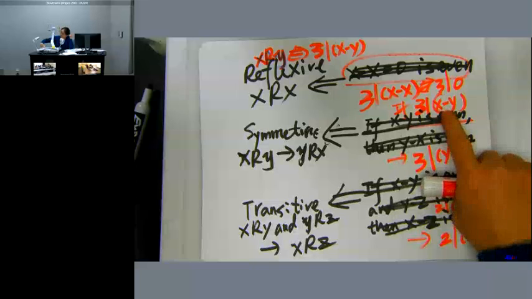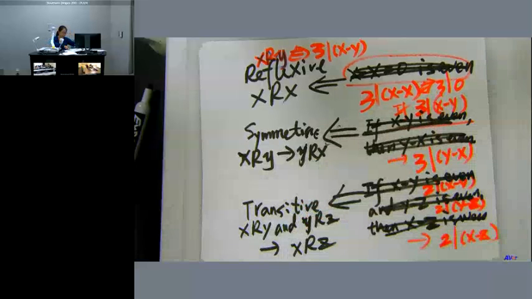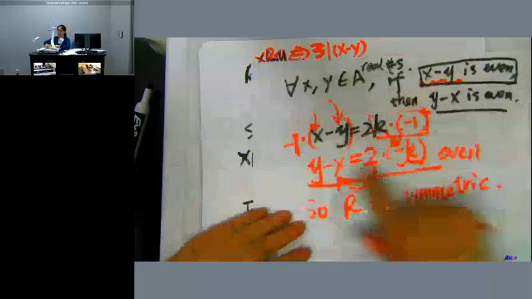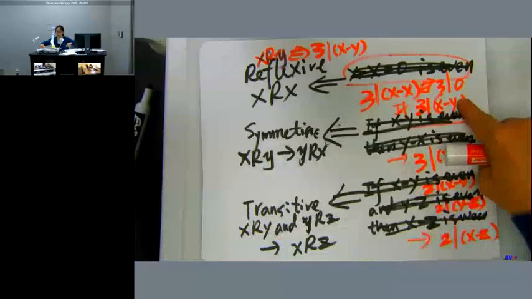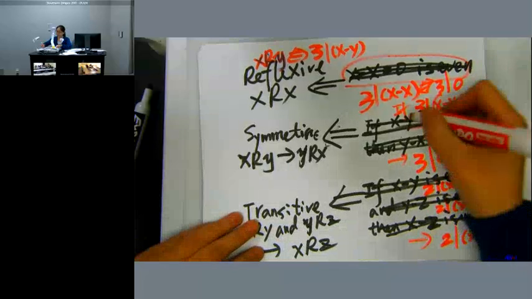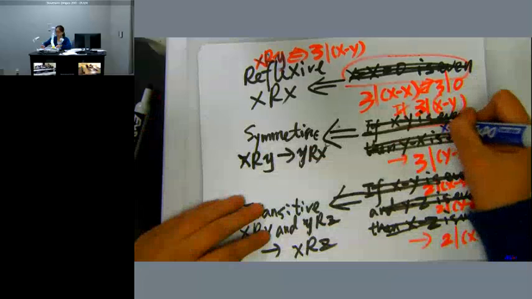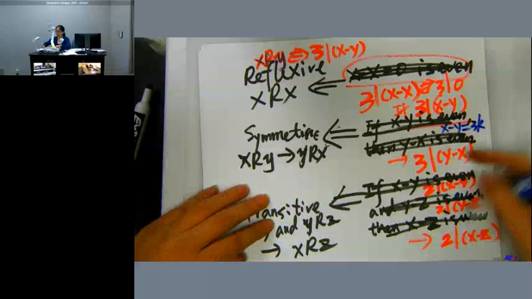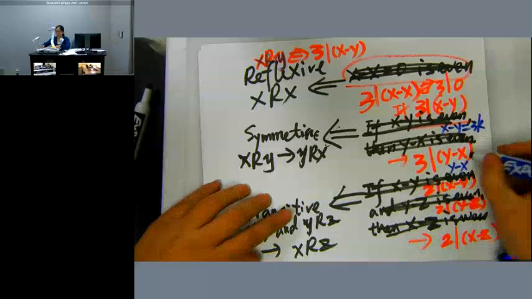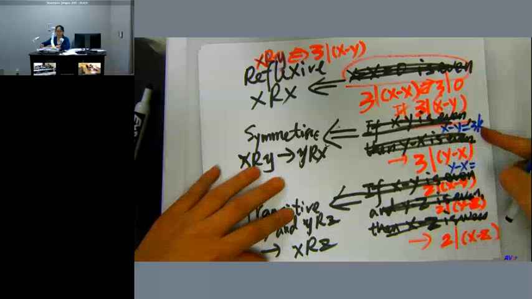What is a quick way? You can do it by definition like I did last time. If 3 divides x minus y, how do you write x minus y? Equals 3k, right? And how do you prove y minus x is also 3 times an integer? Multiply both sides by -1.